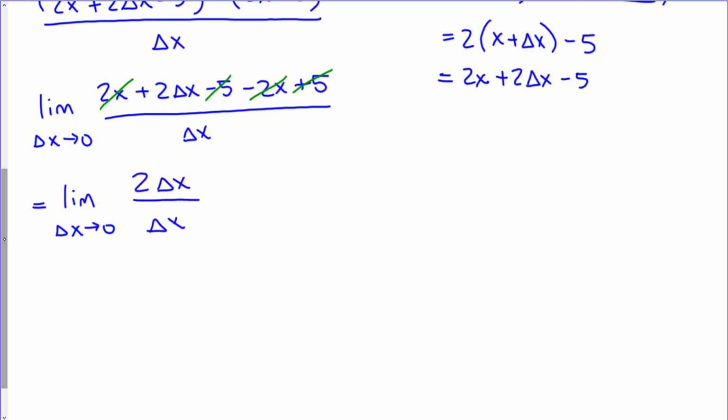And remember, delta x is one quantity, so when you have one quantity over the same quantity through division, those will cancel out. So this is effectively the limit as delta x goes to 0 of 2, and the limit of a constant is just the constant itself. So the result here is 2.